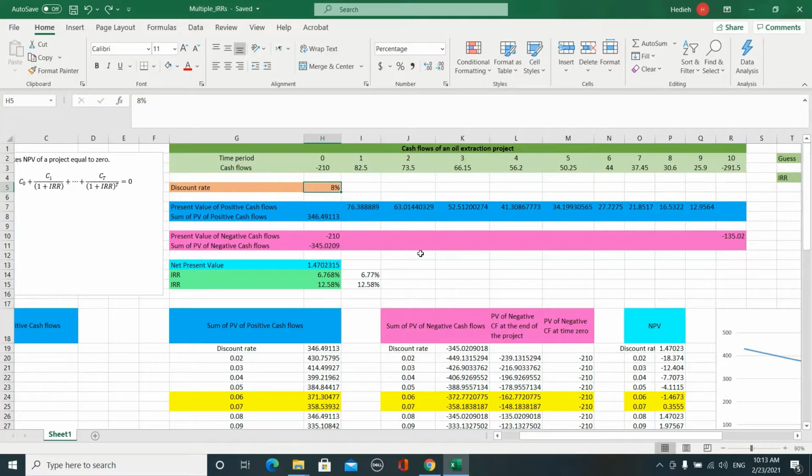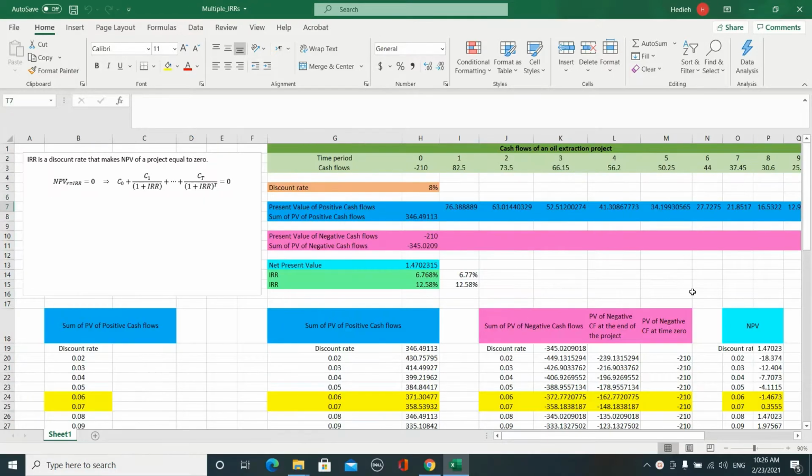Okay, first I want to find internal rate of return. So let's talk about the definition of internal rate of return. Internal rate of return is a discount rate that makes net present value of a project equal to zero.